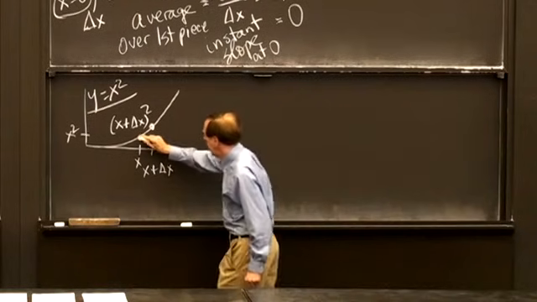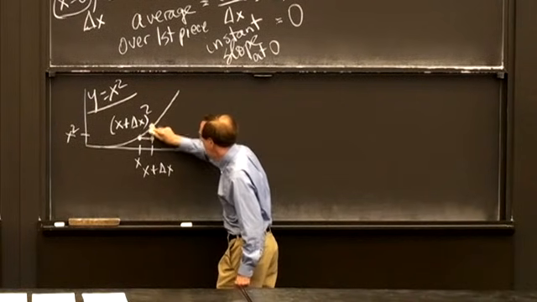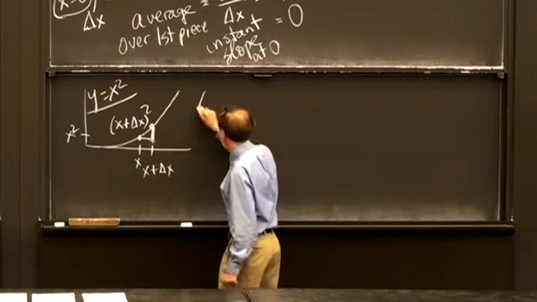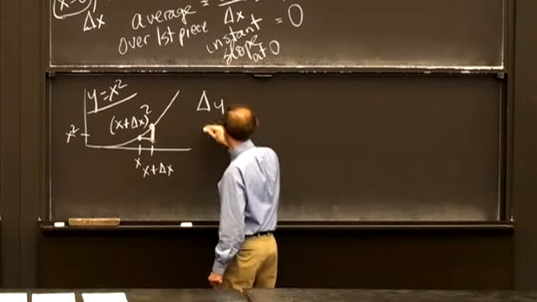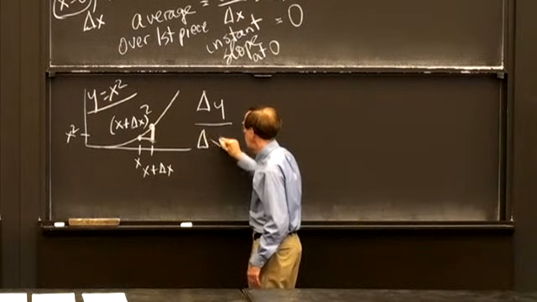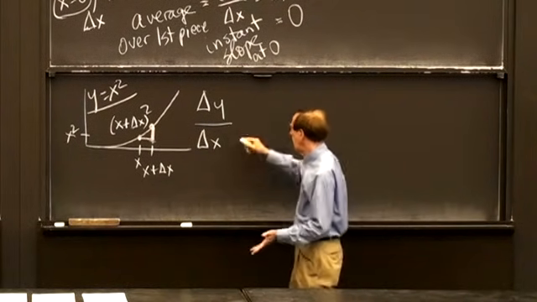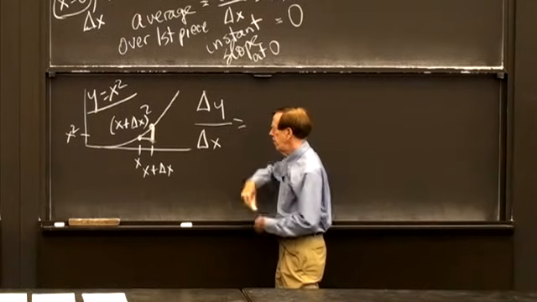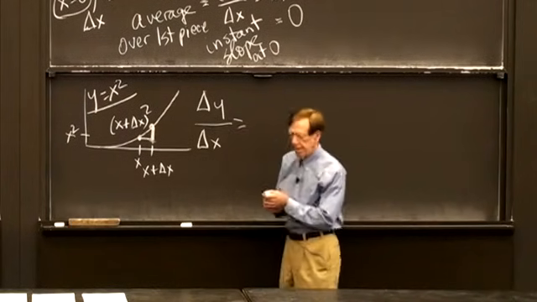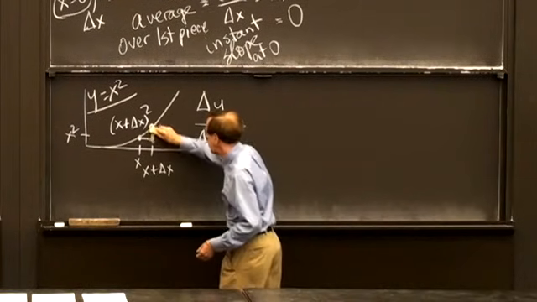Okay, so now I look at distance across and distance up. So delta y is the change up. Delta x is the across. And I have to write in what is delta y. It's this distance up.